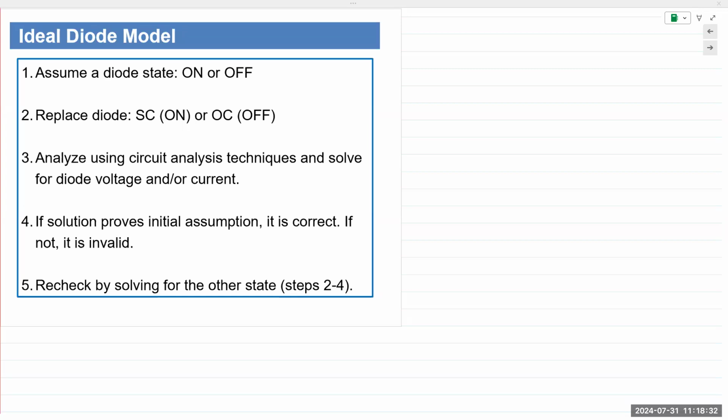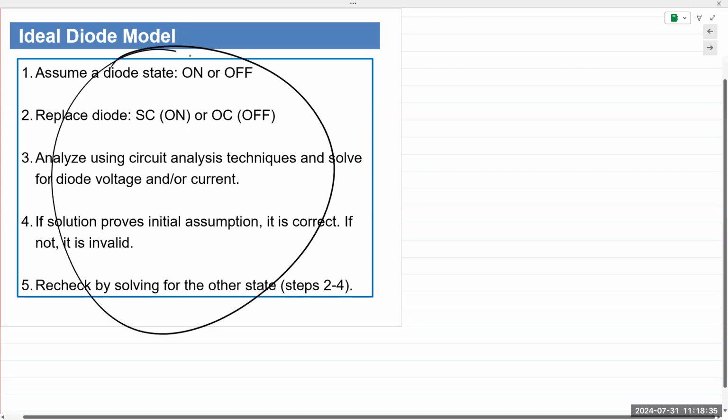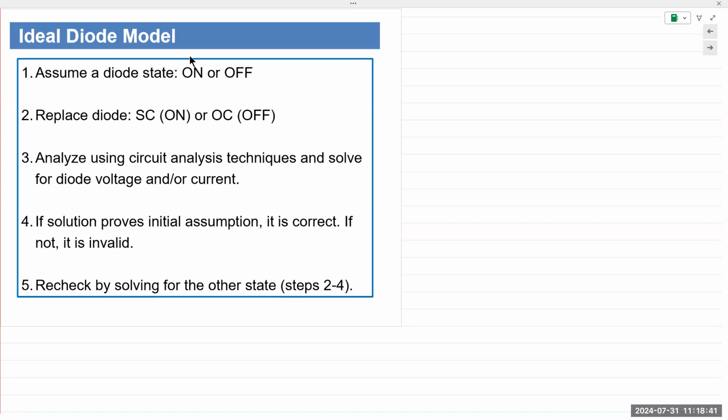Okay, so this is one of those first examples. At the beginning of our analysis, we have a circuit. The circuit has a diode in it, resistors, voltage sources, etc. We don't know whether the diode is on or off, yet we want to analyze it and determine the voltage, the current. So the first step is to make an assumption. Doesn't matter what the assumption is.